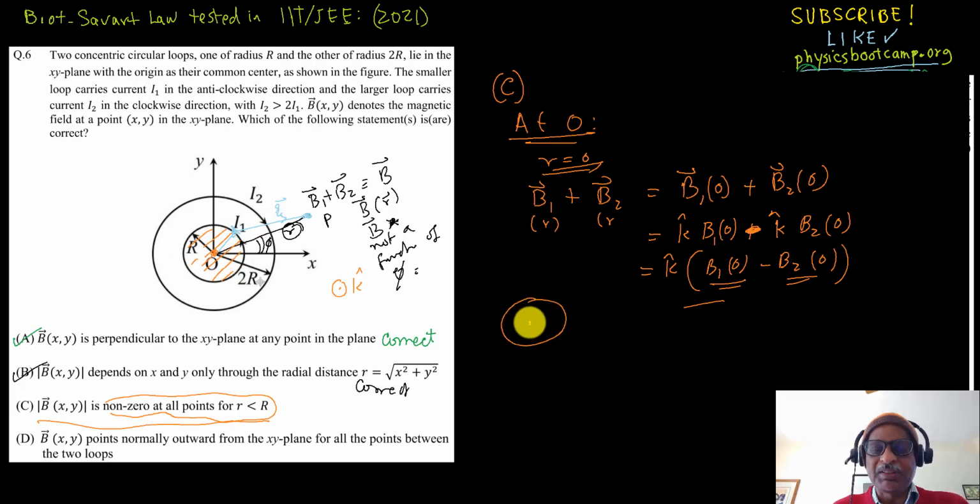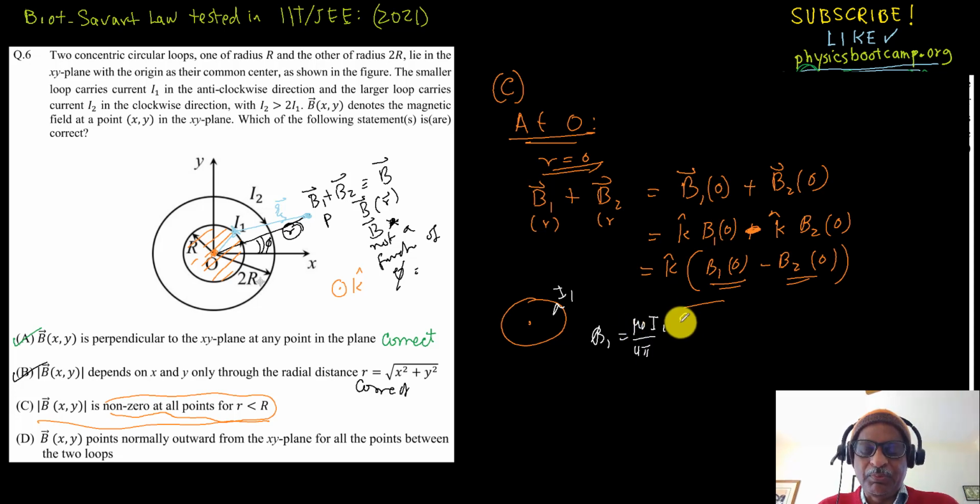Because of symmetry, it's very easy to do that integral. So this is I1. So B1 will be I1 mu naught over 4 pi, and if that integral that I set up earlier, you work it out, that's just going to be 2 pi R1 over R1 cubed.